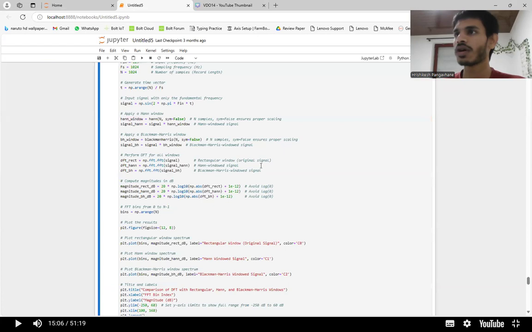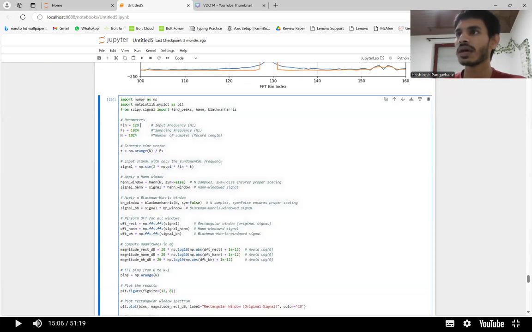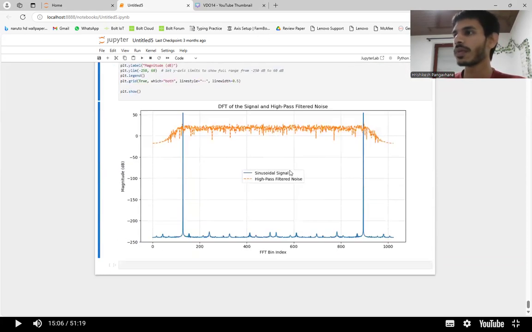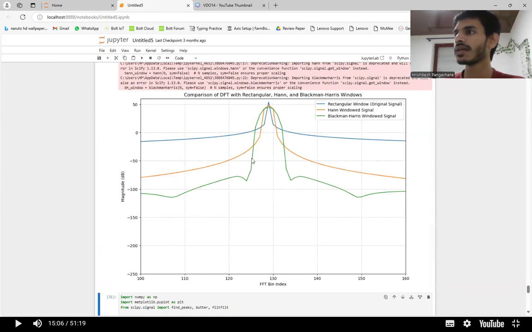But when we talk about the FFT leakage, we can see that in the Blackman-Harris windowed signal, the FFT leakage is reduced even more significantly. So our target is to reduce the FFT leakage.